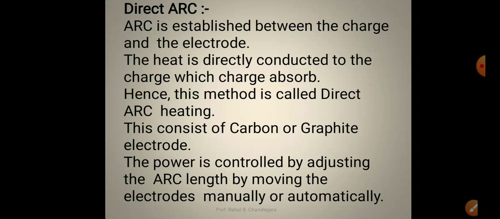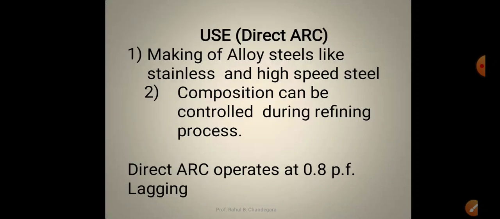So as per R equals rho L by A, with length and area changing, the resistance of that arc will go up or down as we move the electrodes. So if we change the arc length, the power of the arc will be reduced or increased depending on the length.